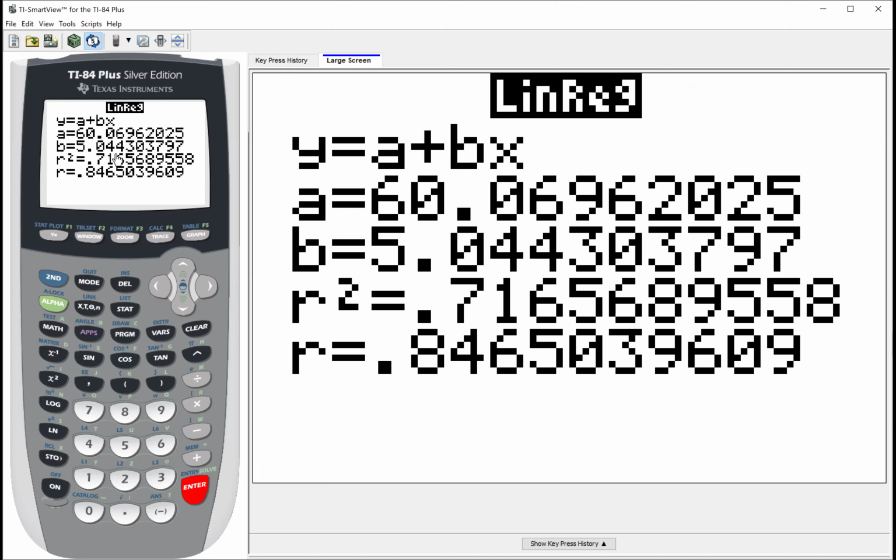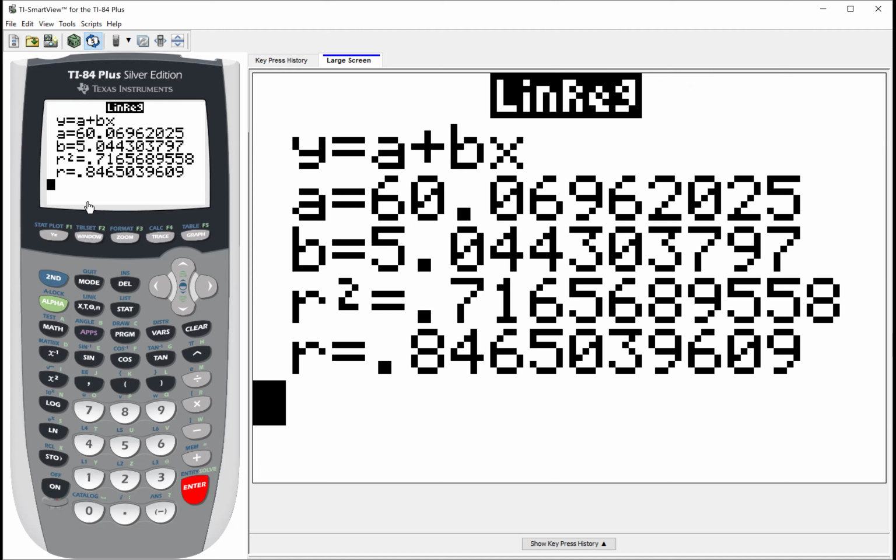And we get a bunch of output here. I'm going to end up going through all of this, but for right now, all we want is R and R squared. And let's go 3 places. So R in this case works out to be 0.847 if we go 3 places.